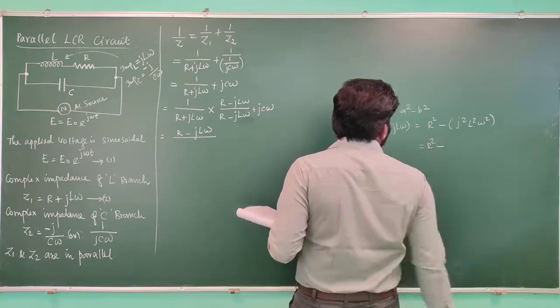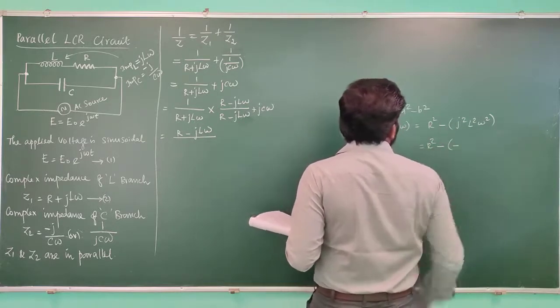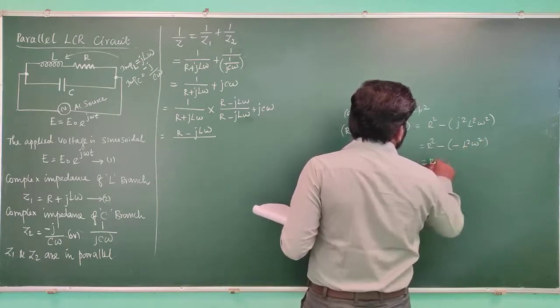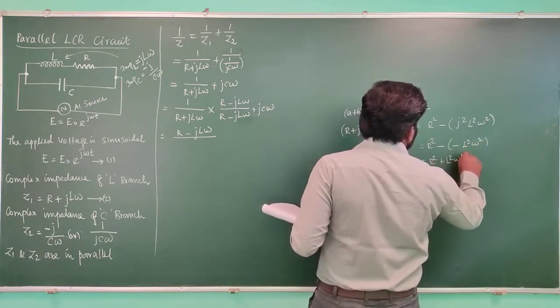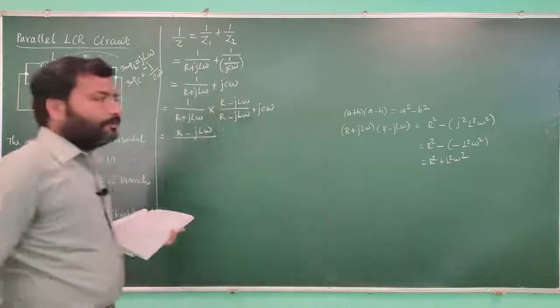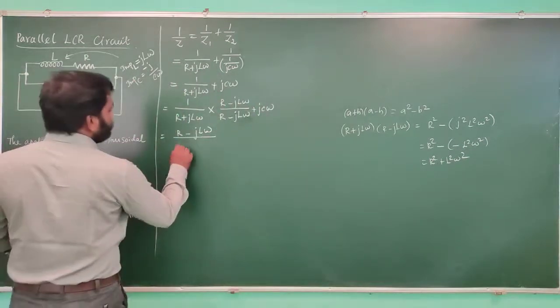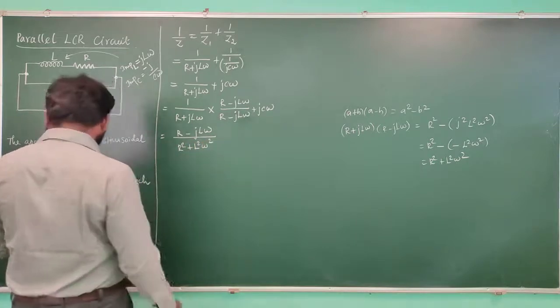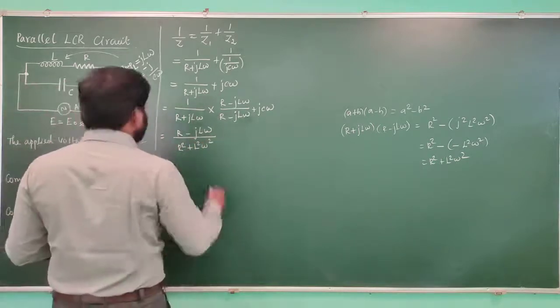With j square becoming minus 1, this becomes R square plus L square omega square, right?